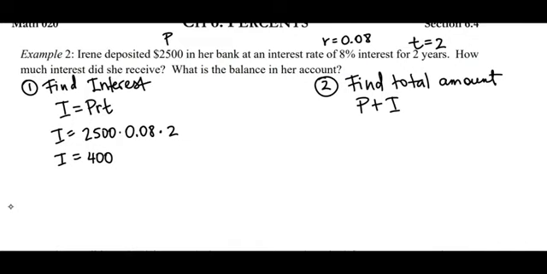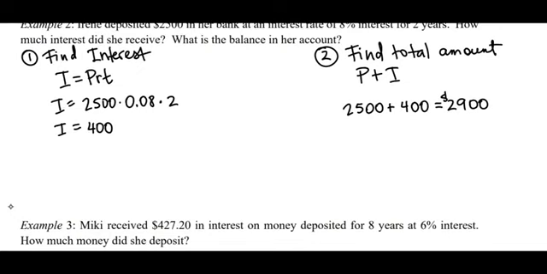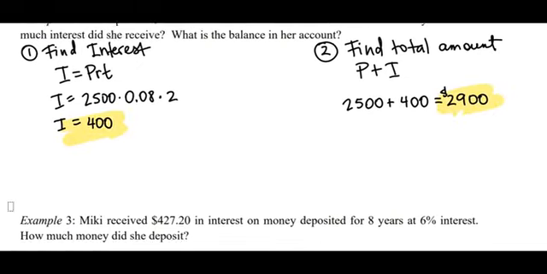Now we can find the total amount, which is principal plus interest. So we're going to take our 2,500 plus 400. After 2 years, she has 2,900 in her bank account. Right. So interest and the total.